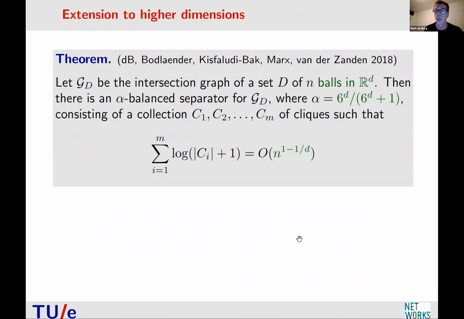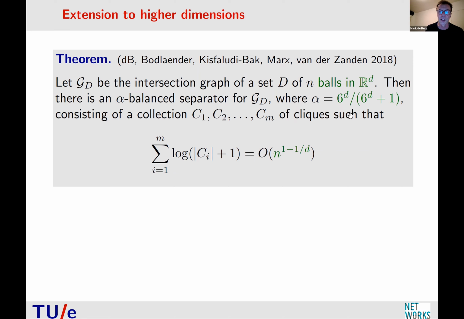Here you see the same theorem, but now in higher dimensions, right? So instead of having disks in the plane, you can do the same thing for ball graphs in 3D or in higher dimensions.